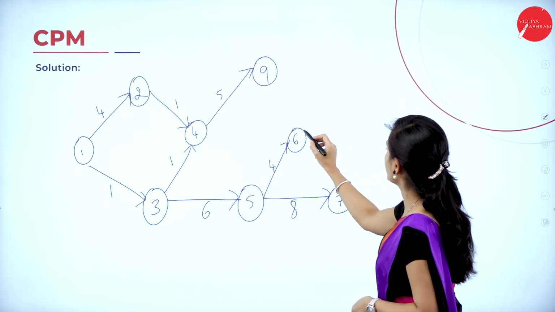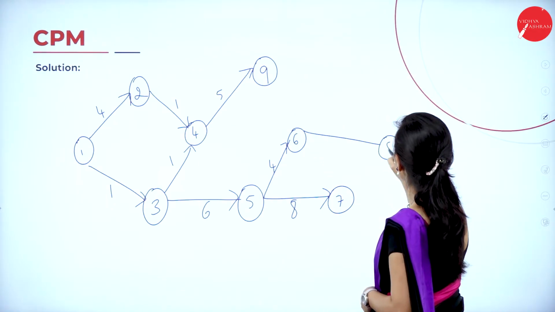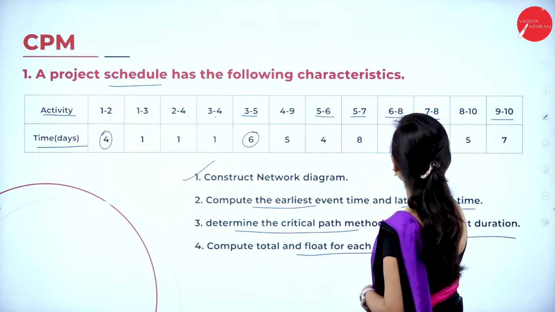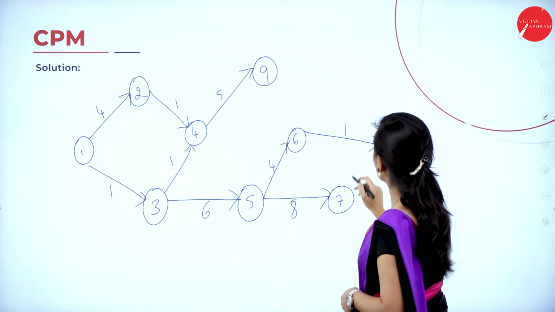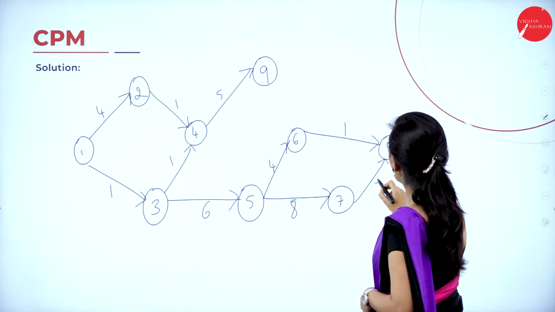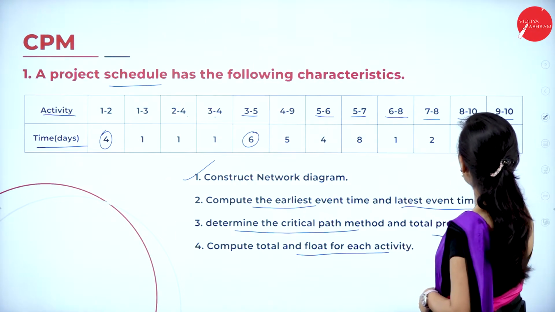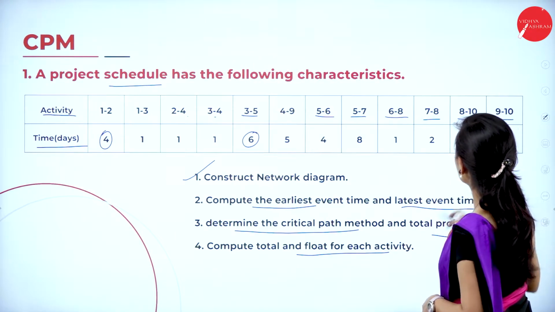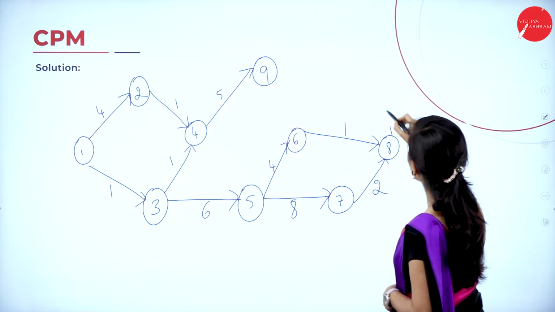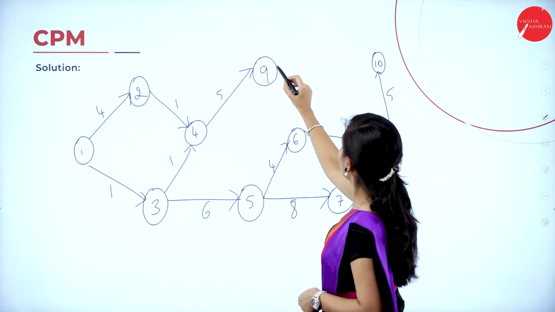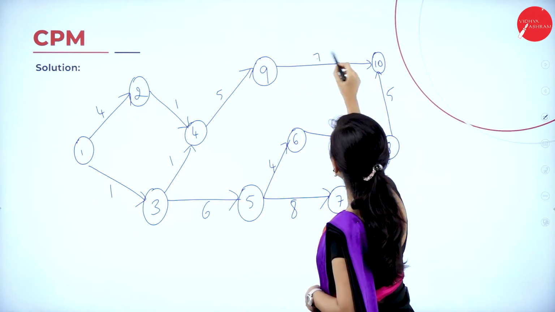And next one is 6 to 8 and 7 to 8, 1 and 2. 6 to 8 is 1, 7 to 8 is 2. And next is 8 to 10 and 9 to 10, it is 5 and 7. 8 to 10 is 5, and 9 to 10 is 7.